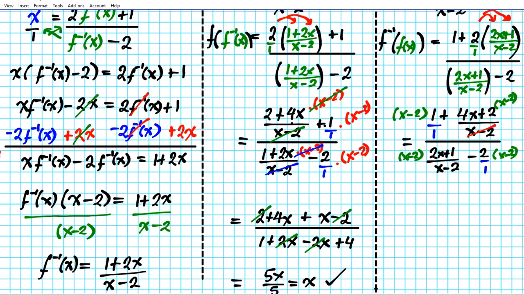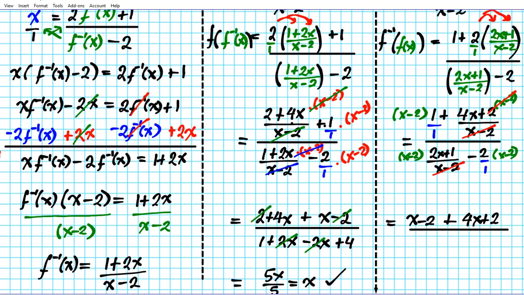When we simplify, the following happens. On the right, this x minus 2 divides out, and you distribute the 1, you have x minus 2 plus 4x plus 2 in the numerator, and then in the denominator, what do we have? You see the cancellation happening.